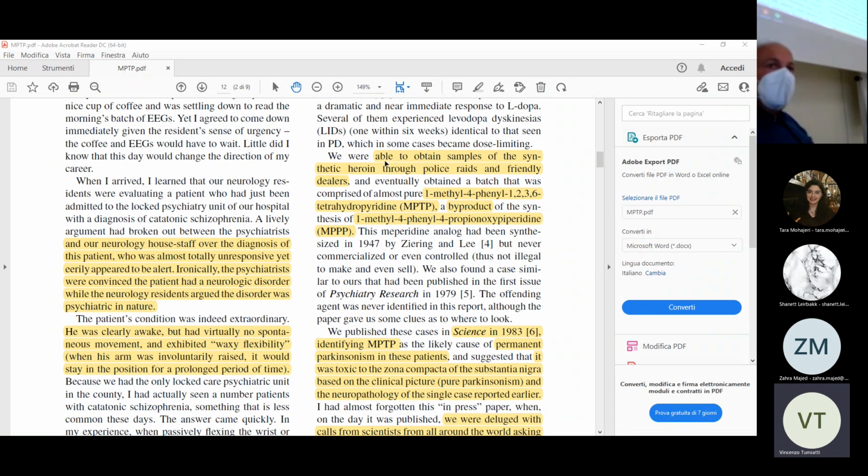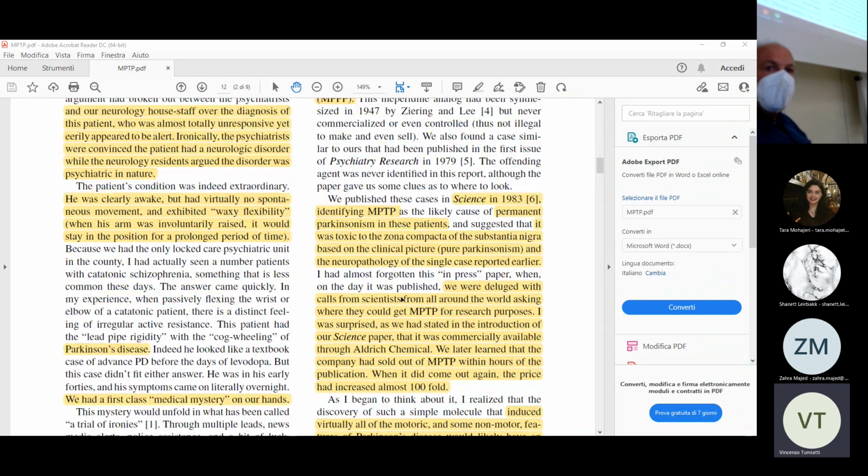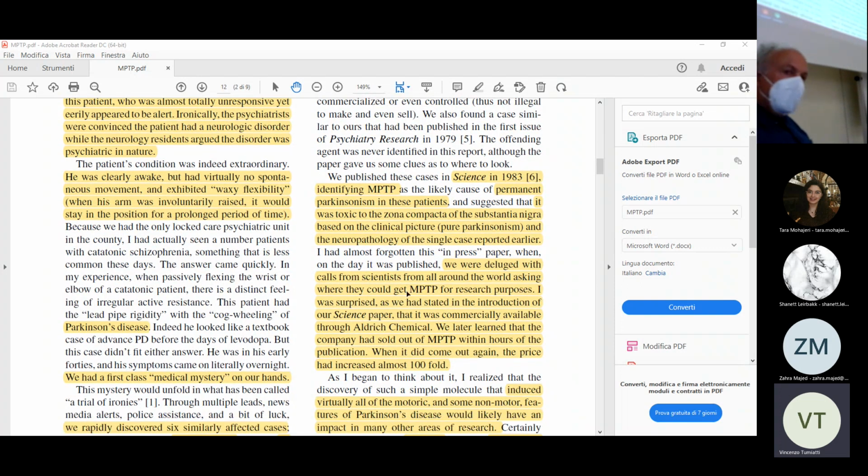Some years later, they were able to obtain samples of the synthetic heroin, and they found MPTP as a byproduct, a contaminant of MPPP, you see. And so they started an investigation about this compound. They tried to elucidate, to understand the mechanism and the toxicity of this compound.